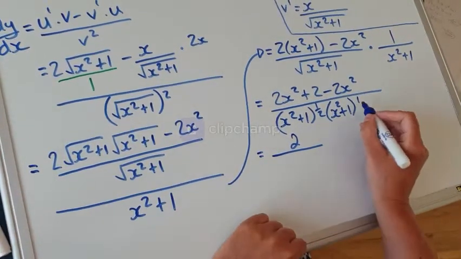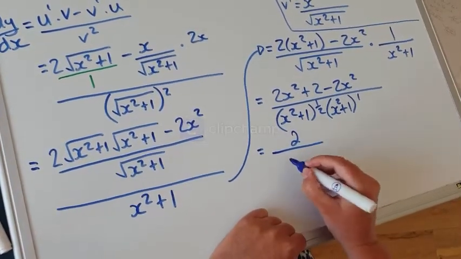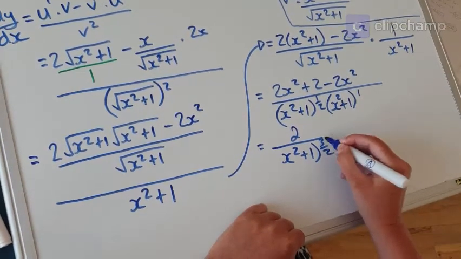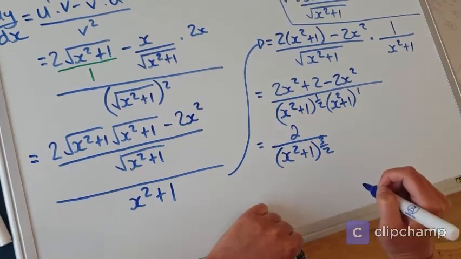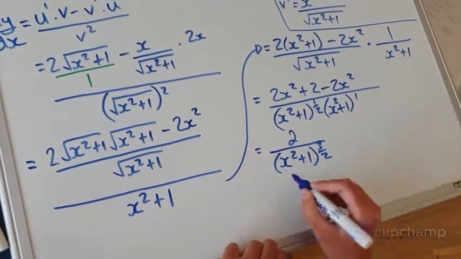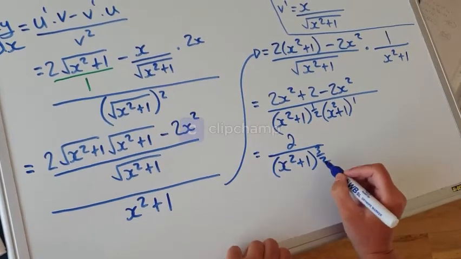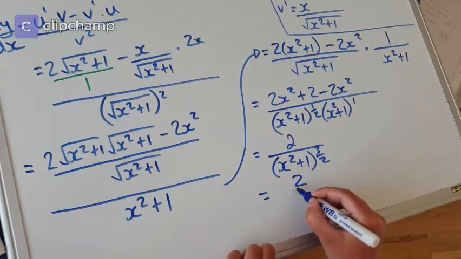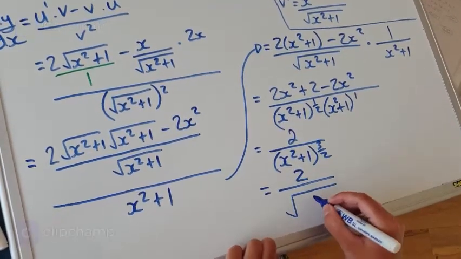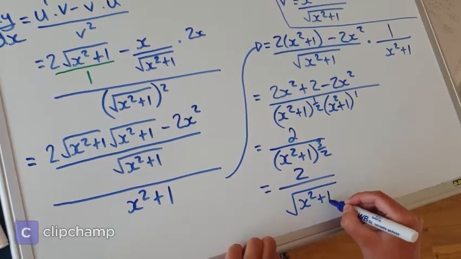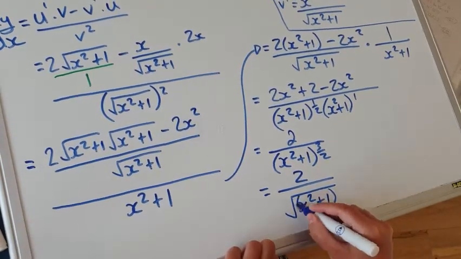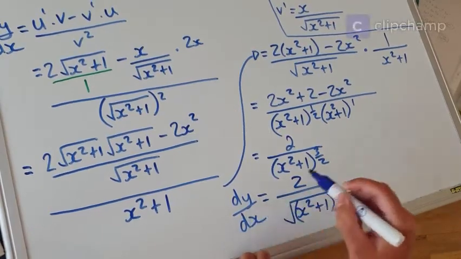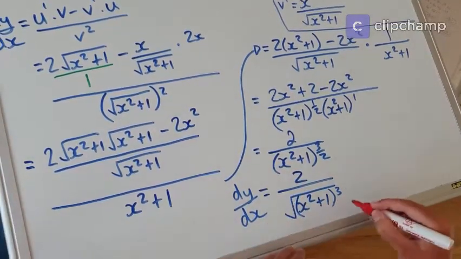So a half plus 1 is 1.5, which we know we can write as 3 over 2. And if we just tidy up that last part, I'm going to put it back into root form. We could write that as the square root of this cubed. So 2 over the square root of x squared plus 1 cubed. And there is my dy by dx.